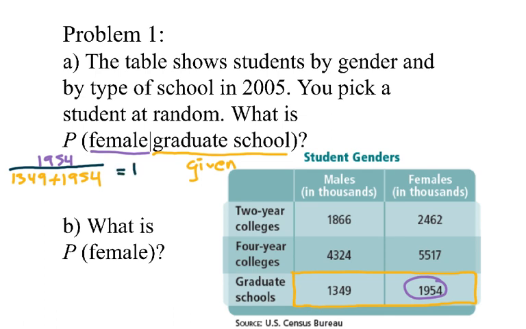So when we add these, we get 1,954 over 3,303, which gives us 0.5916, which is approximately 59%.